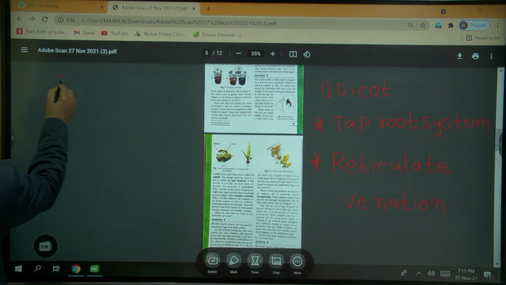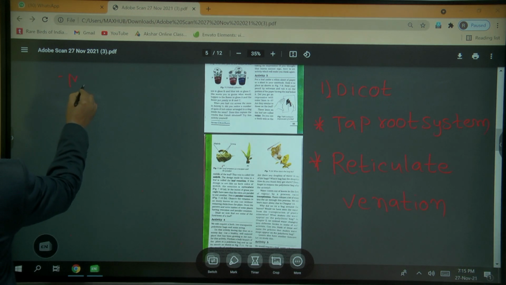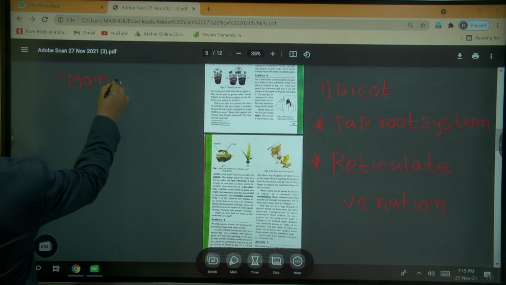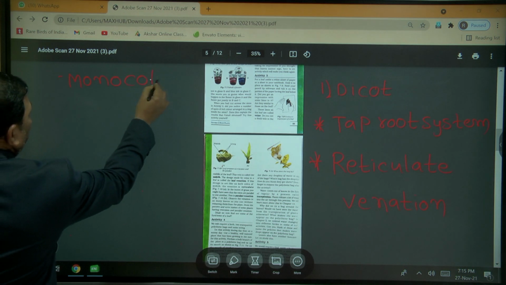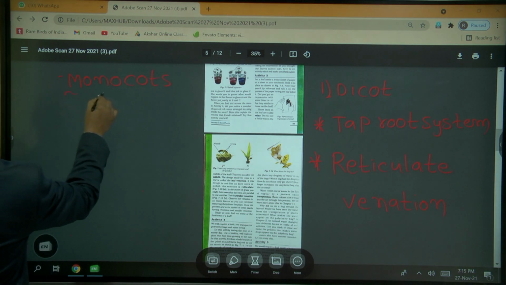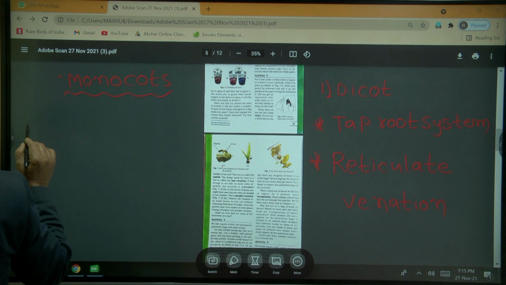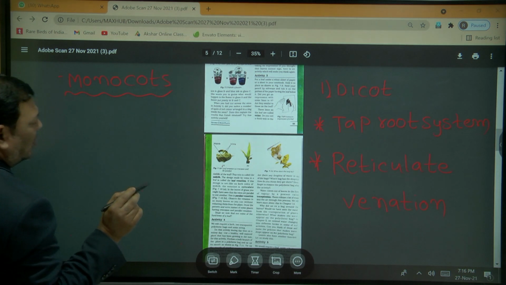And monocots. Characteristic features of the monocots.